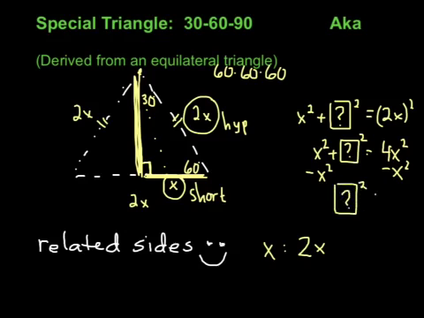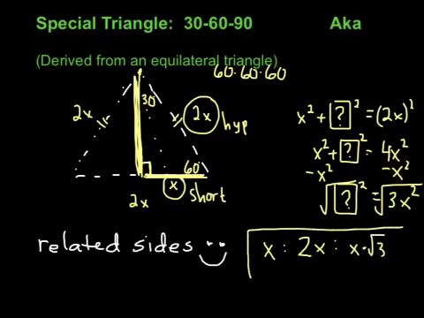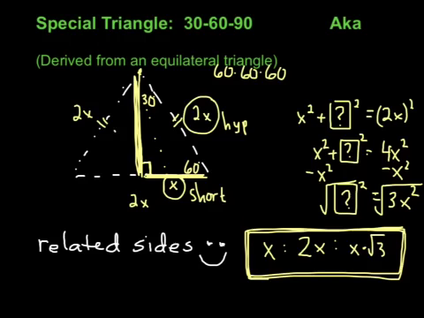So this question mark squared is 3x squared. And that means if I square root, that third side is x times the square root of 3. So these are how the three sides are related every time in a 30, 60, 90 triangle, and this will prove to be very useful if I ask you to find one of the ratios for a 30, 60, or 90 degree angle. So again, I'm going to label that here, x times the square root of 3.